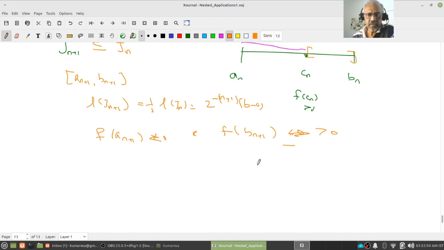Okay, so if at the nth step the midpoint is such that f vanishes at the midpoint, I can stop. Otherwise I have a sequence J n, this is a nested sequence, with what property?